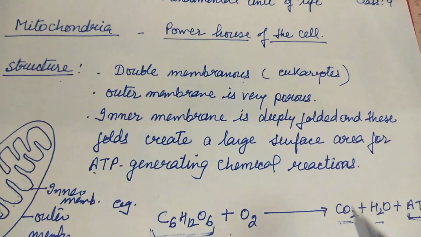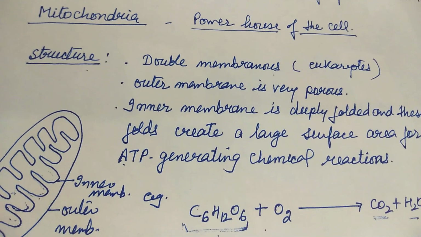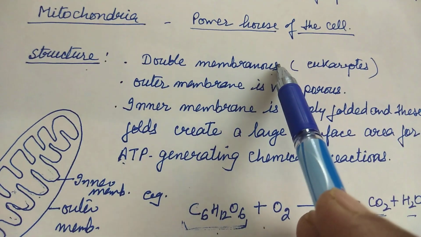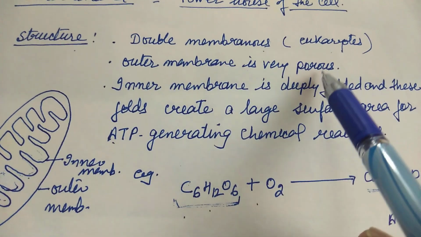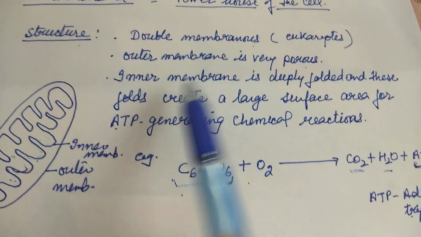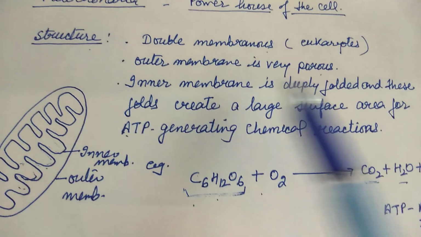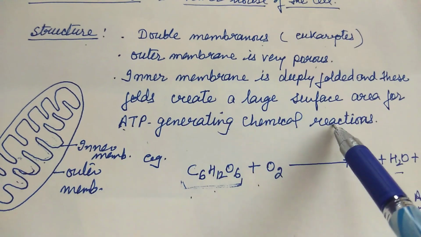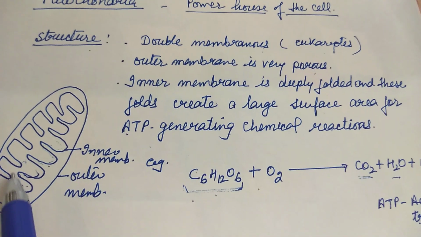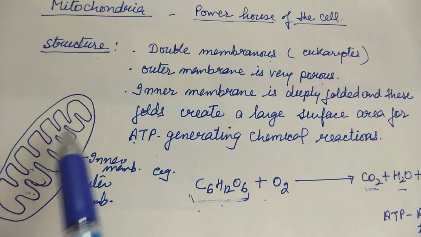That's why mitochondria is also called the powerhouse of the cell. So it is a double membranous structure present in eukaryotes. The outer membrane is very porous, and the inner membrane is deeply folded, the way we have shown in the diagram. These folds create a large surface area for the ATP-generating chemical reaction. So this folding increases the surface area, and what happens here?